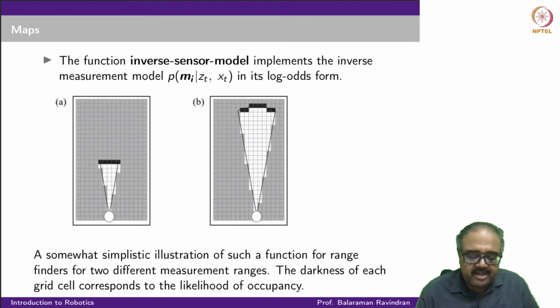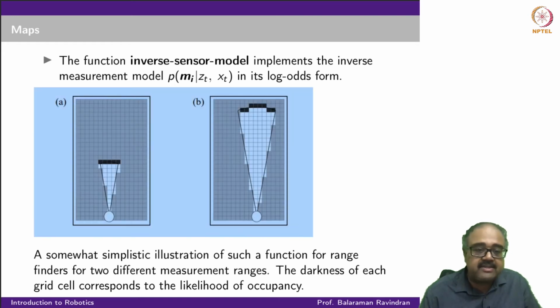So even though I'm in this particular state right now, I'm actually able to see a lot more states based on my field of vision, and I can make estimates about whether these states are also occupied or not just by making a measurement at x_t.